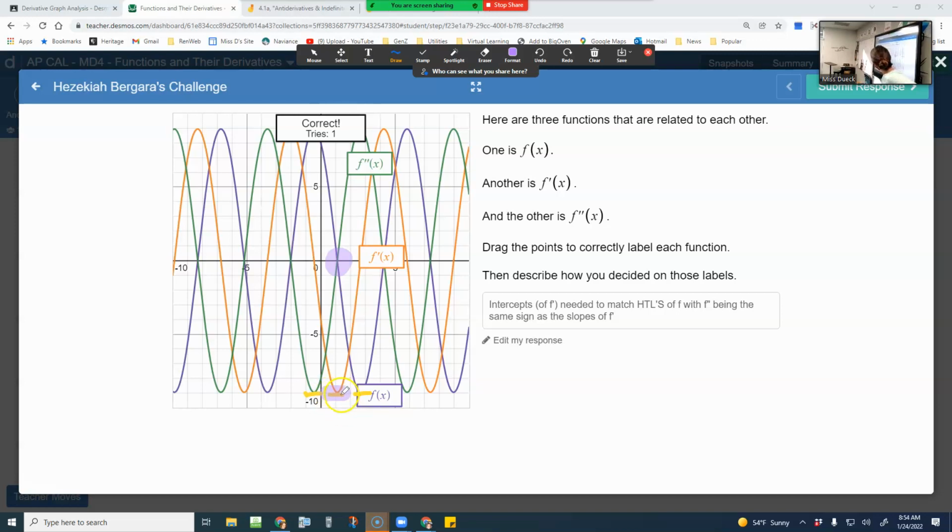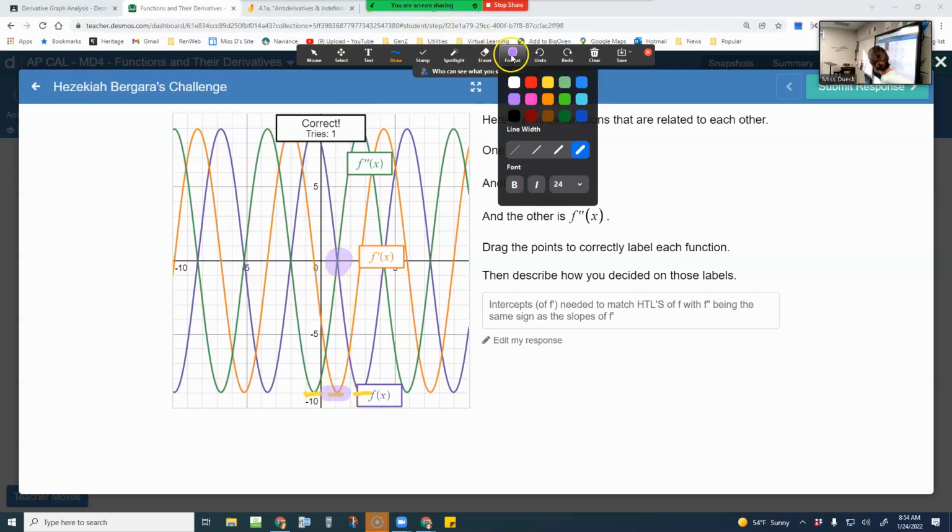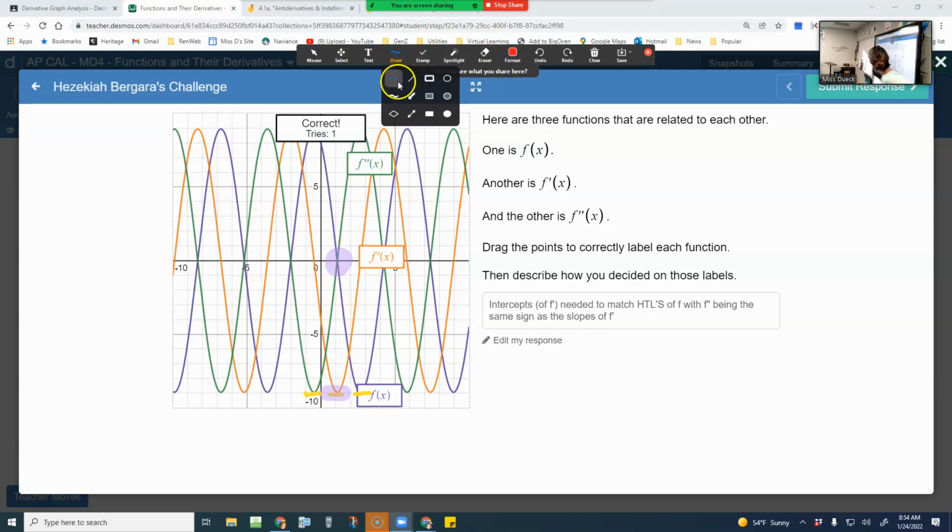An HTL only says it has to cross the axis, but how do I know, without a shadow of a doubt, by looking at the decreasing before and the increasing after, that green has to be the derivative of orange? Well, let's start there. How do I know that green for sure is the derivative of orange?